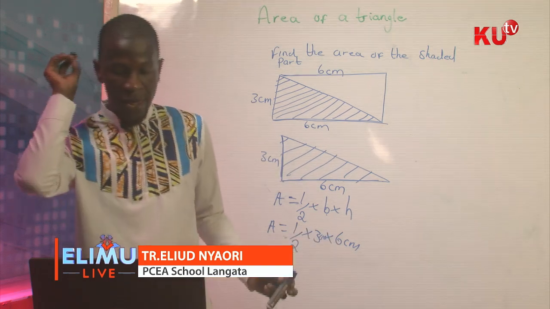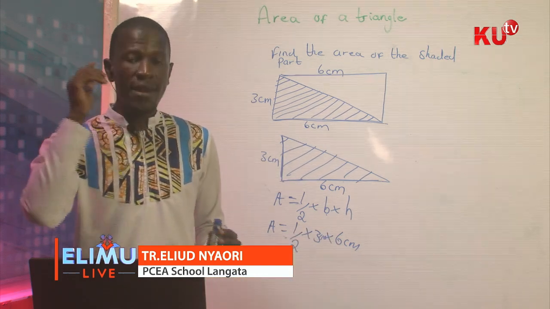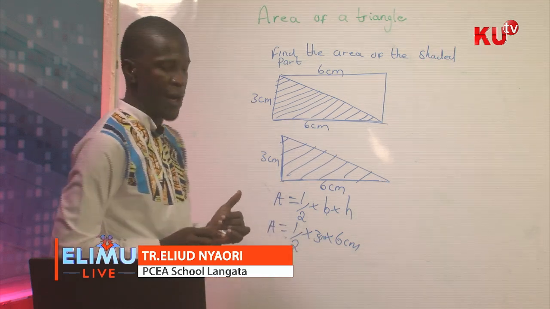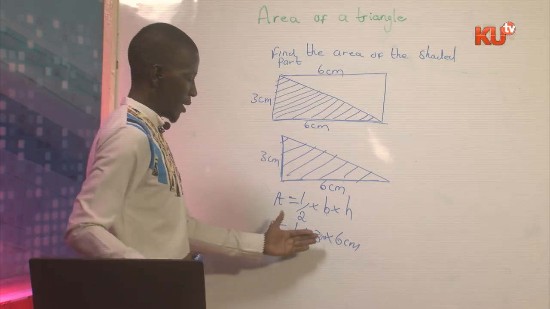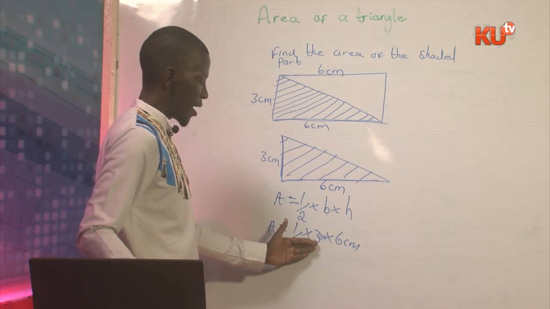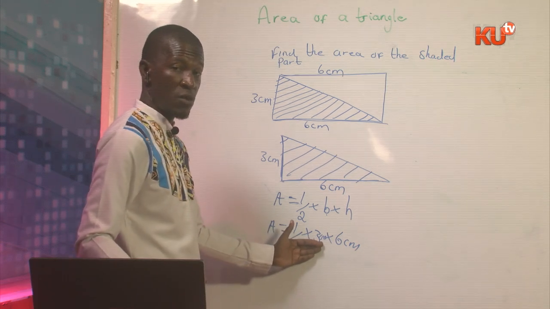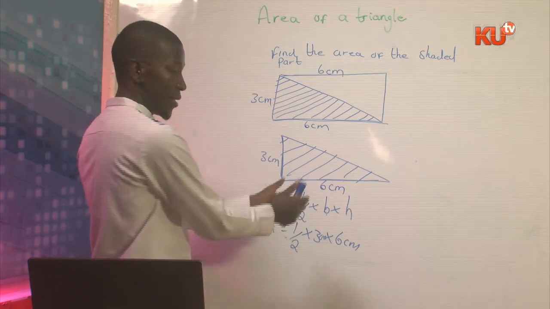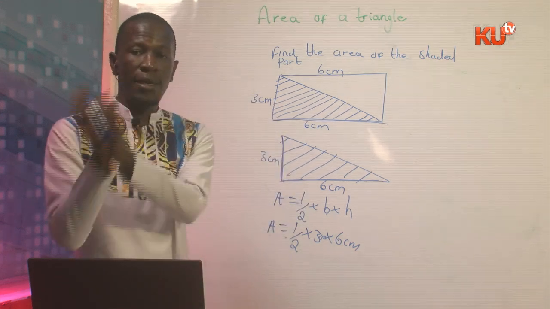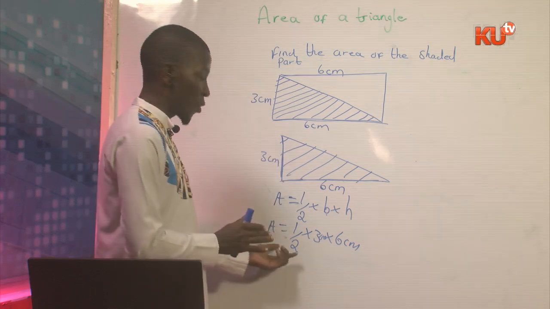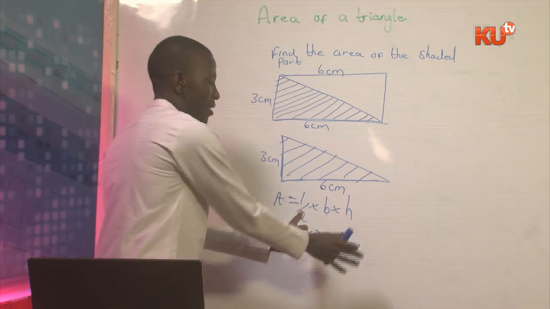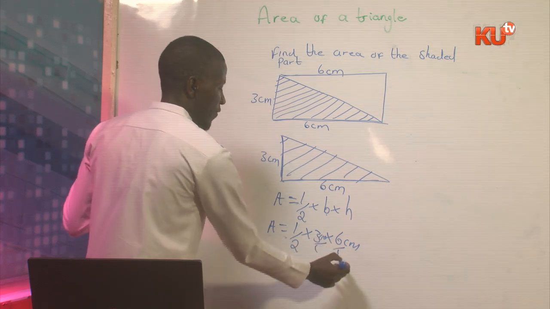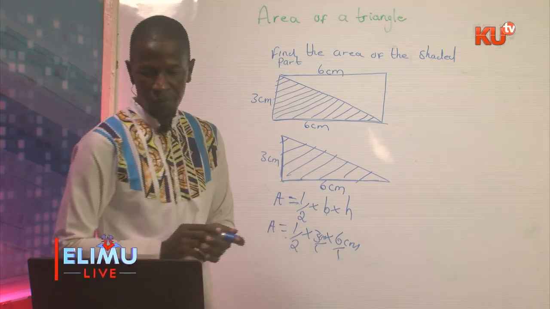So in that way, you can use any of the workout methods which I had given earlier. You can use the simplification method, or you can work out the base and the height separately. Then later on you find a half of your answer. So I'll work it out using the simplification method.